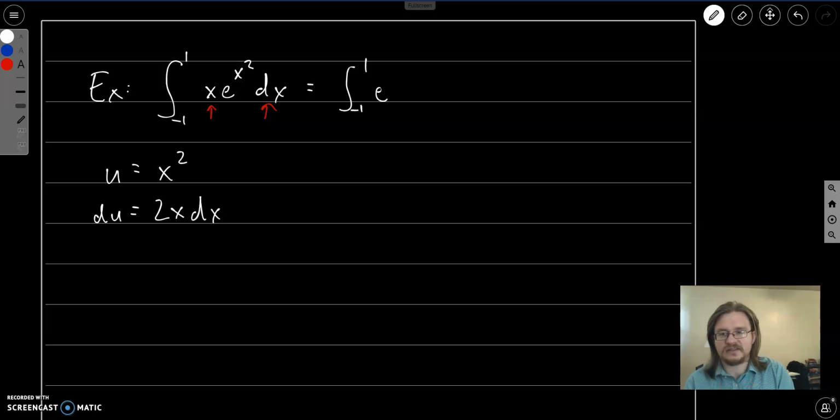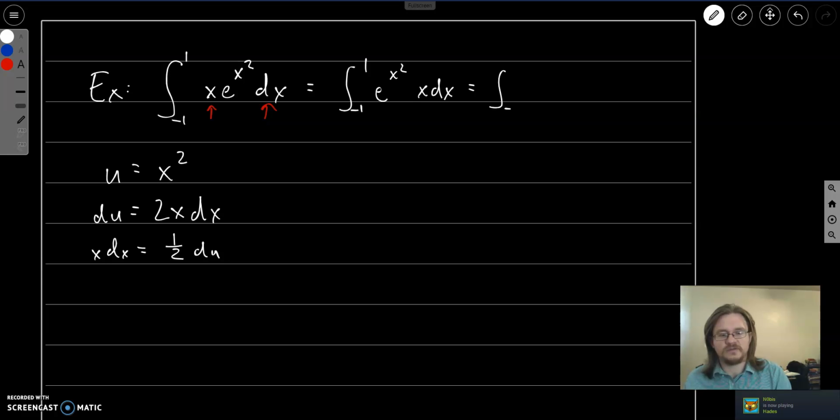I'll move the x e to the x squared out front, and then I've got x dx out back, and I can plug in my u, and my du is going to be out here. I'll solve for x dx though, since that's what is going to substitute. So it's going to be 1/2 du after I move the 2 to the other side.